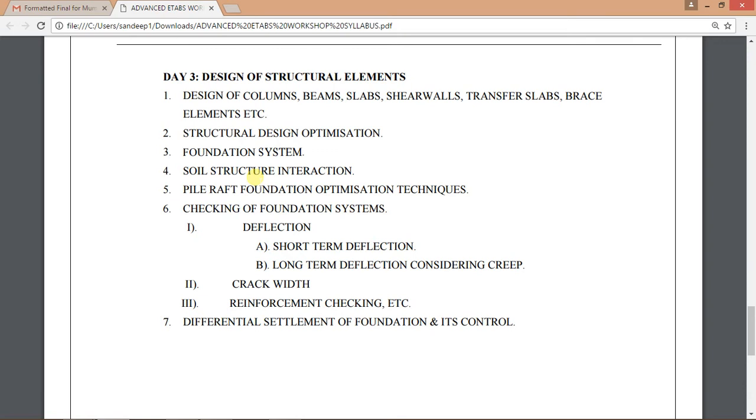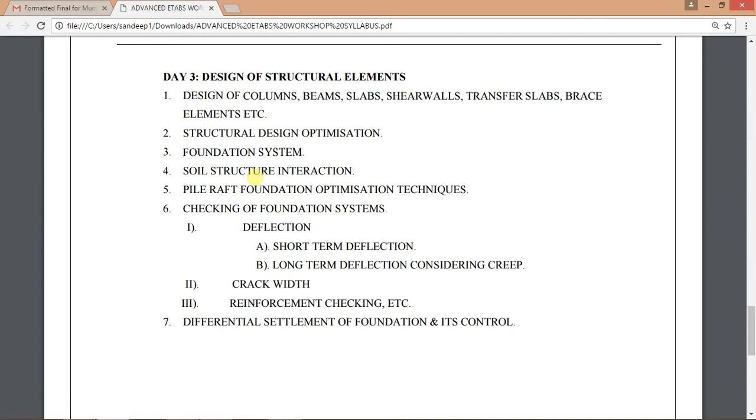Will the soil springs act constantly over the entire raft, or are there different parameters based on the loading considerations? Let's say the central core carries more load than the peripheral columns; the central core will have somewhat less stiffness, because stiffness is the load divided by the settlement.